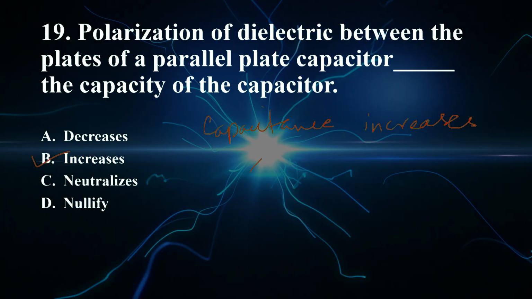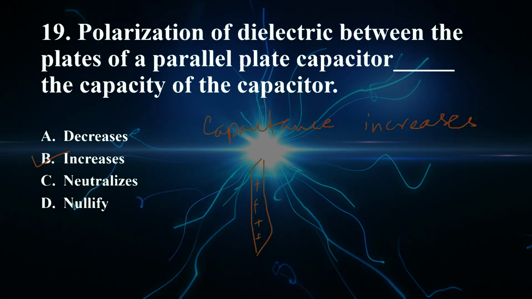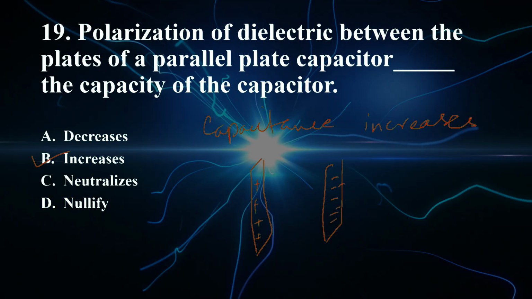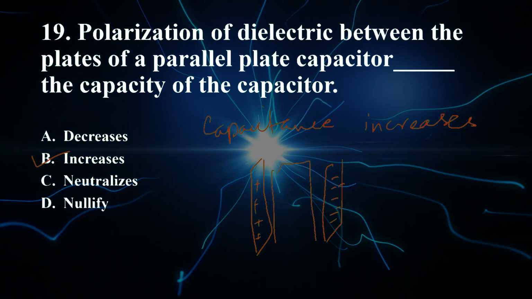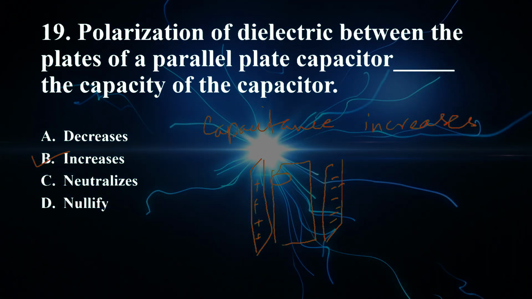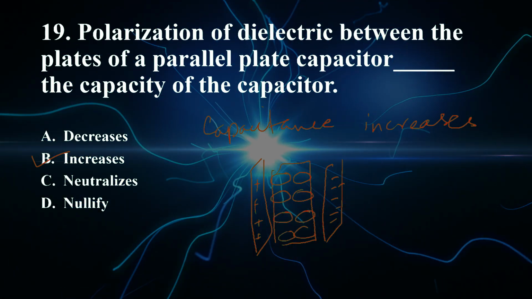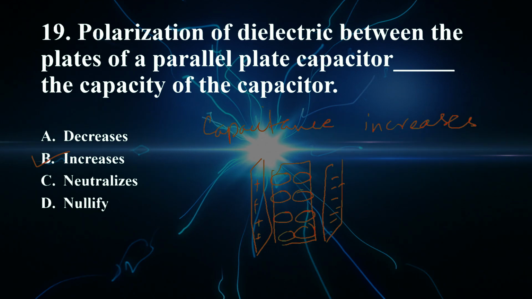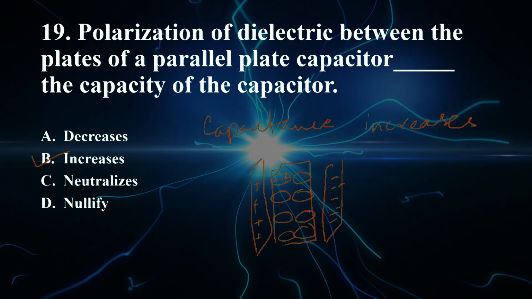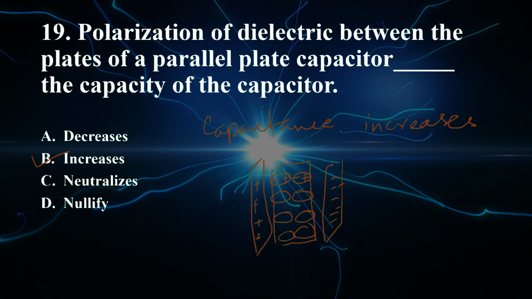You must have studied the concept of the polarization of the charges. Whenever we have a parallel plate capacitor and you put any dielectric material, or you can say non-conducting material, the charges in this dielectric will lean towards the opposite charges, like negative over here and positive over here, and because the negative plate is here, there will be a positive charge and negative over here.